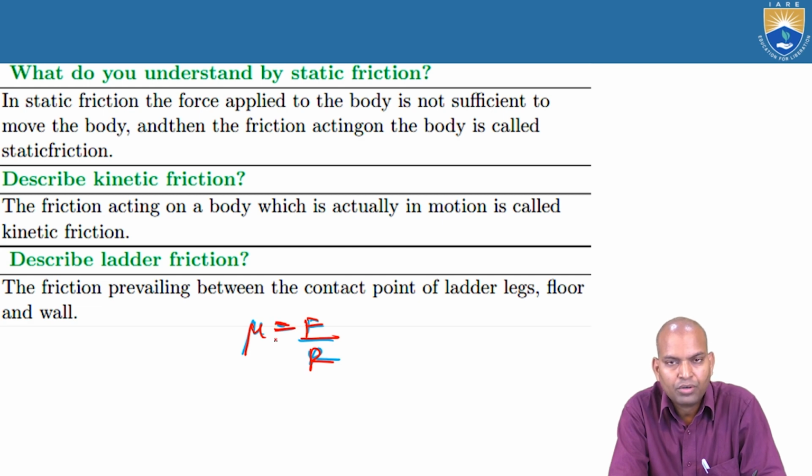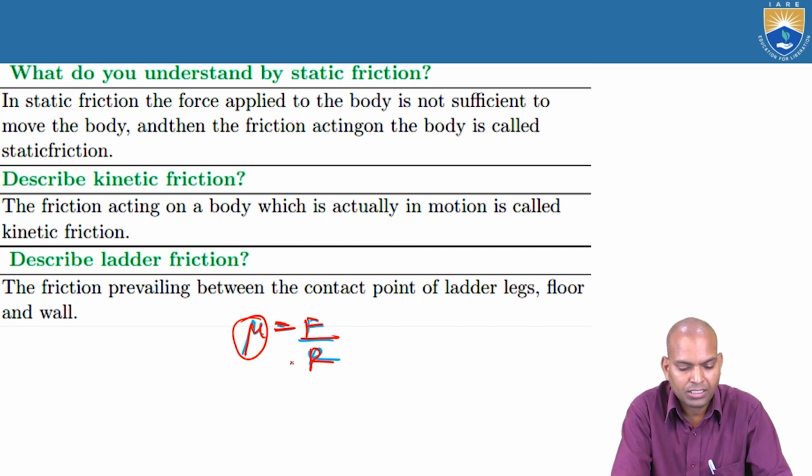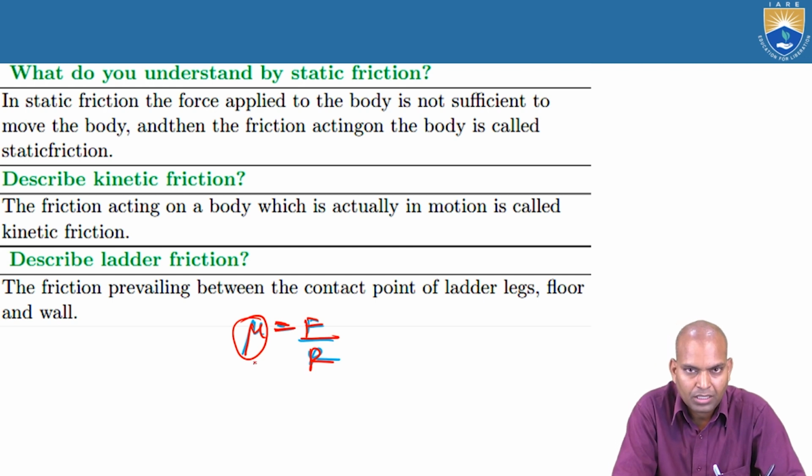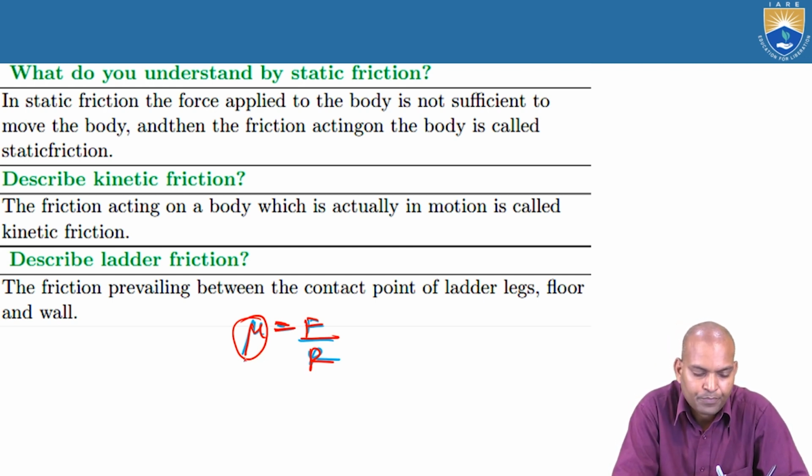This ratio between the friction force and the normal reaction gives the coefficient of friction, mu equal to F by R. This is the simple expression for calculating the coefficient of friction.